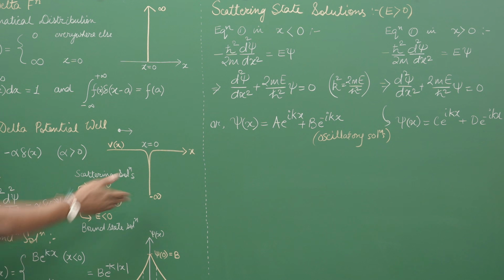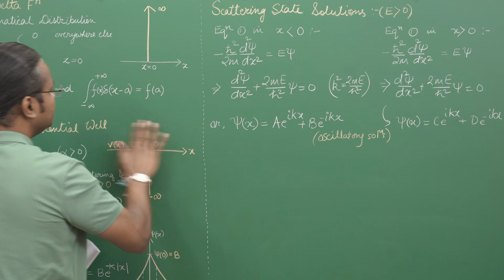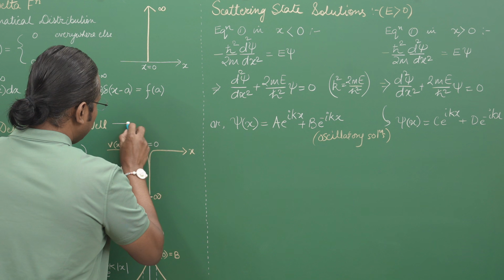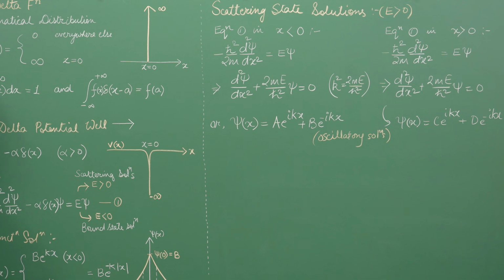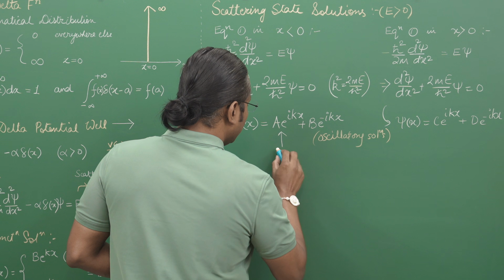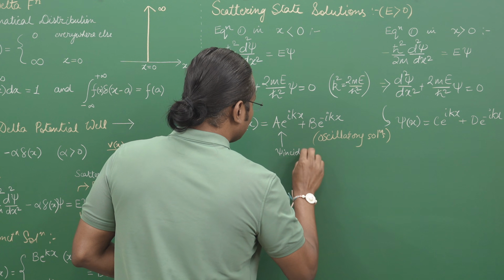So if you look at this particular diagram, essentially what we have is a particle which is approaching from the left like this, okay? And there is a plane wave solution which is associated with that, and I'm going to call this the incident wave, psi incident.